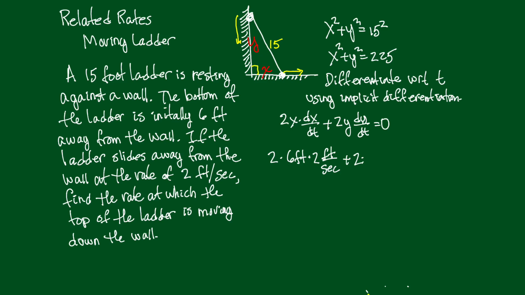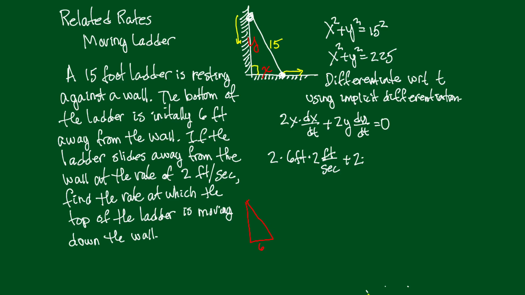All right, so plus 2 times, what's this y? Okay, we're going to have to work a little bit to get this y. But it shouldn't be too bad because here's what we know. Let's do that right down here, at the bottom left. We have this triangle up here at the top. When x is 6 and the hypotenuse is 15, it's going to look like this.